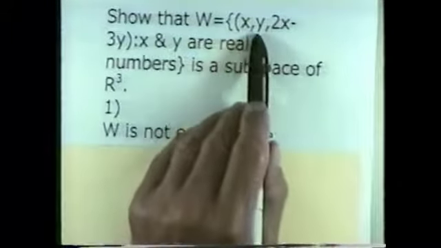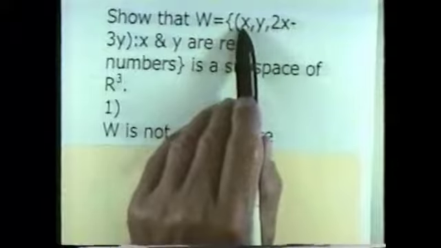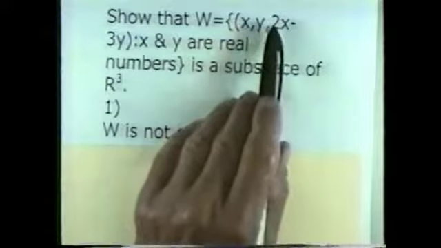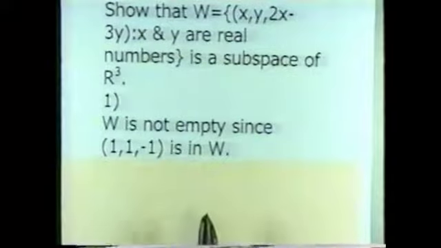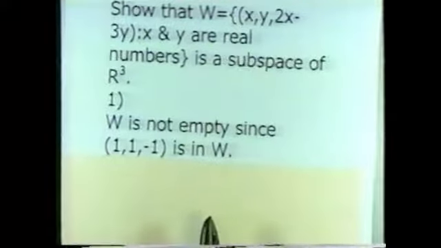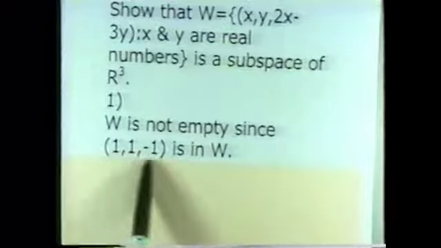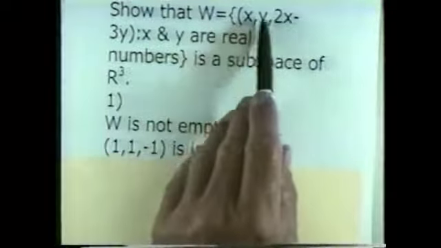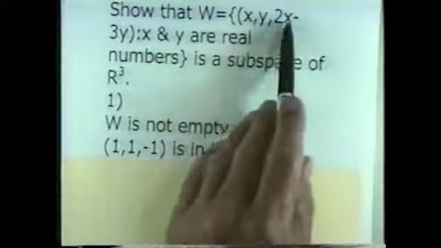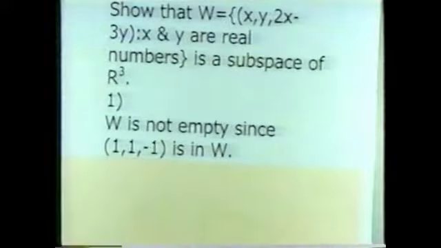Let x be 1 and y be 1. Then 2x minus 3y would be negative 1. So (1, 1, negative 1) is in W. So there is an ordered triple in R cubed that satisfies the requirements of W, (x, y, 2x minus 3y). So W is not empty.